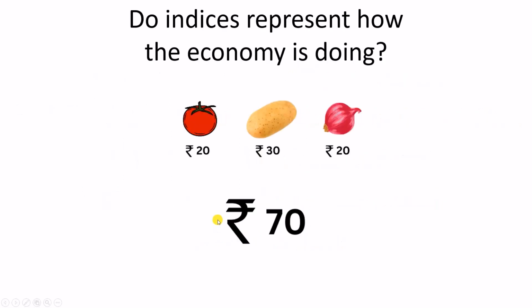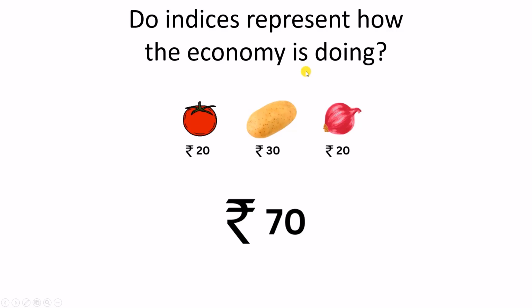Now the question: do indices represent how the economy is doing? Does the index which we are tracking tell you how the economy is doing? Meaning, if the value of the index falls down, does it mean the economy is coming down? Or if the value of the index moves up, does it mean the economy is doing good?